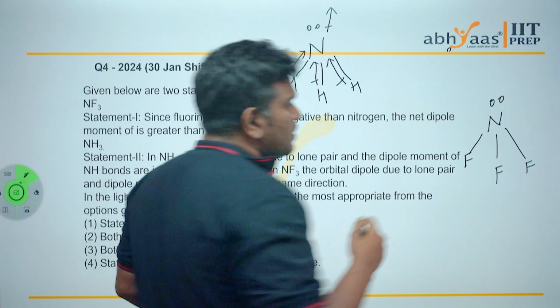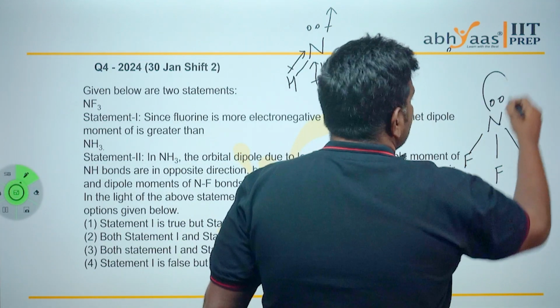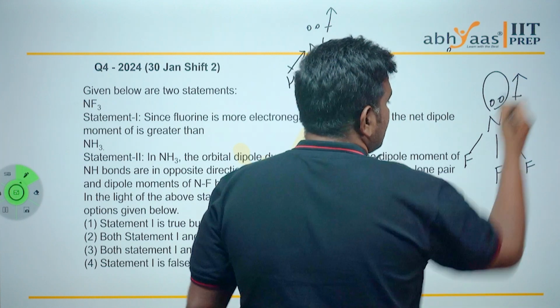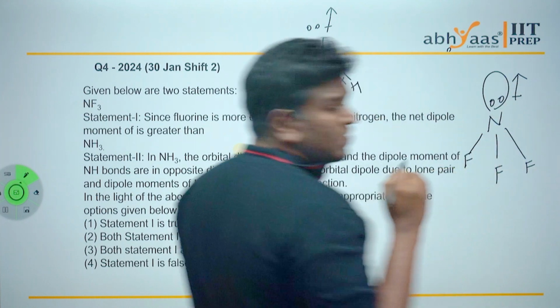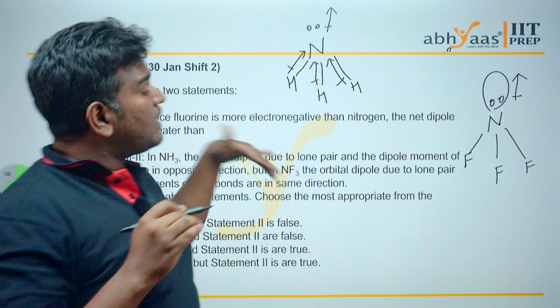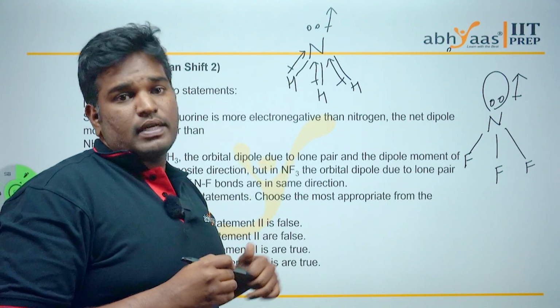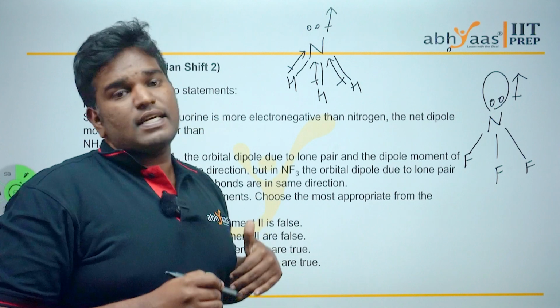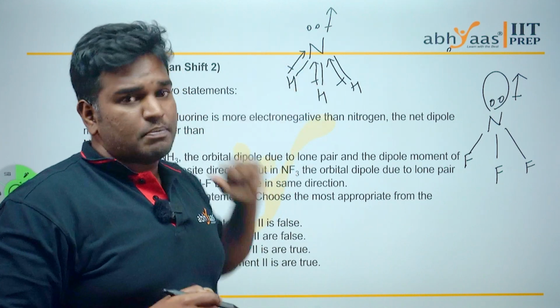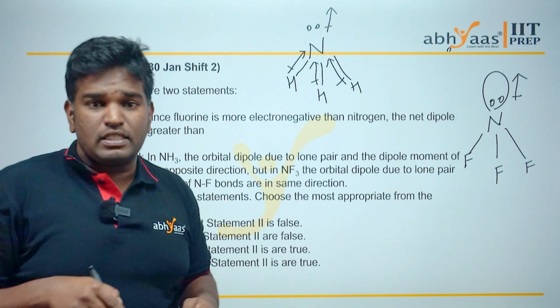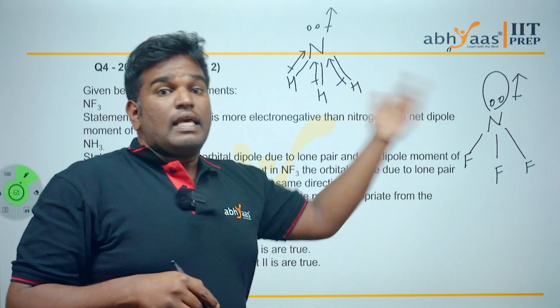Now coming to this particular molecule, you can see here the lone pair will be pulling the electrons upward. But among nitrogen and hydrogen, who is more electronegative? Nitrogen is more electronegative and hydrogen is less electronegative. That's why we have such a dipole moment. But in this case, fluorine is more electronegative and nitrogen is more electropositive.